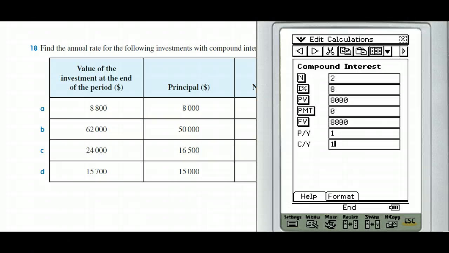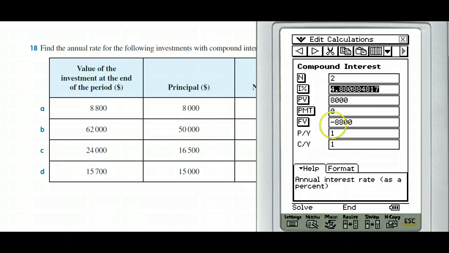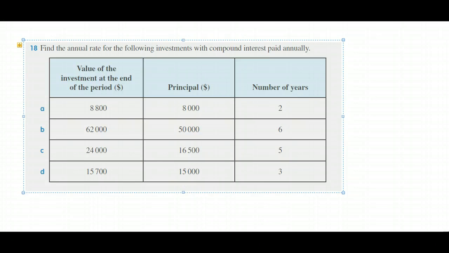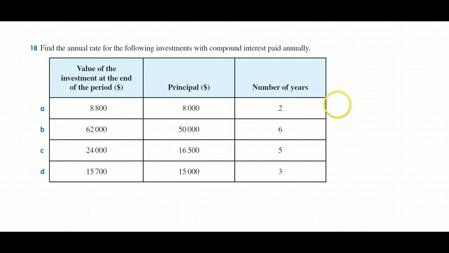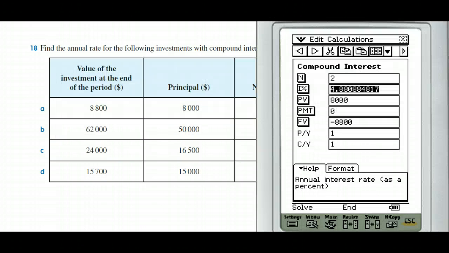So we'll change those back to the standard 1, and we've got to remember to make our final value a negative number, otherwise it won't be able to calculate it, and we get an interest rate of 4.88. So for this one, the interest rate must have been 4.88%.